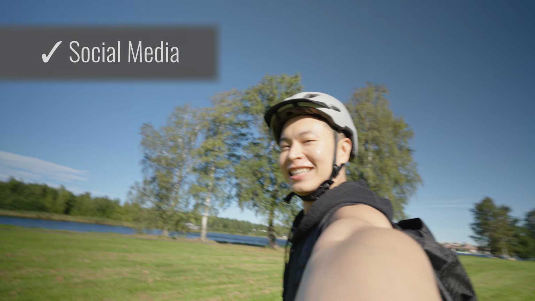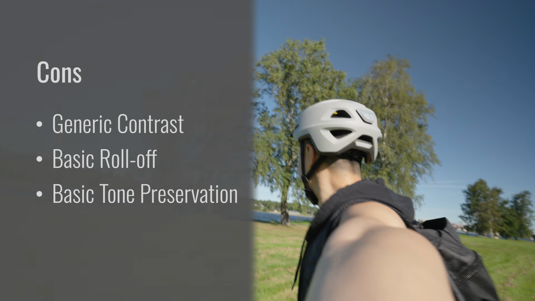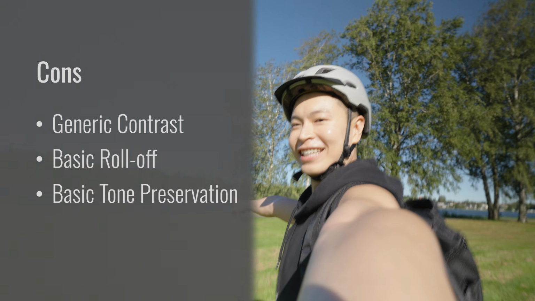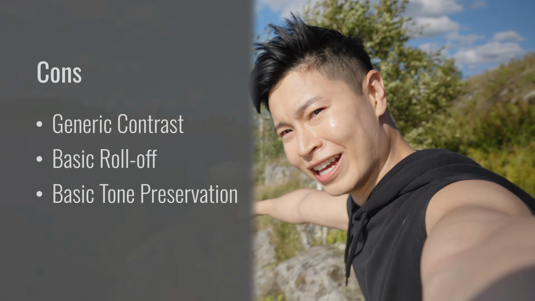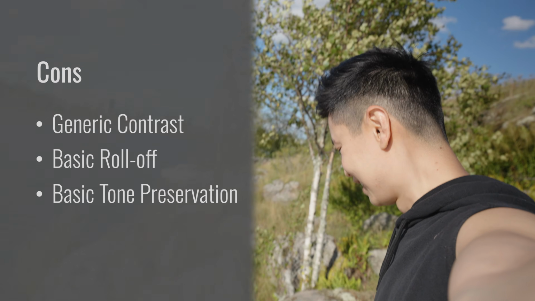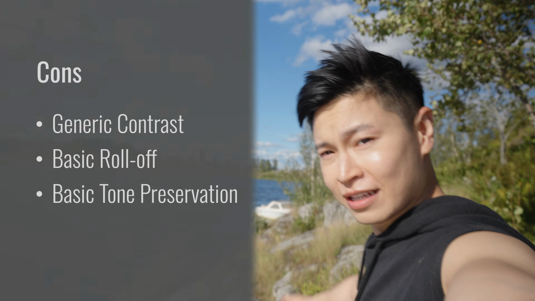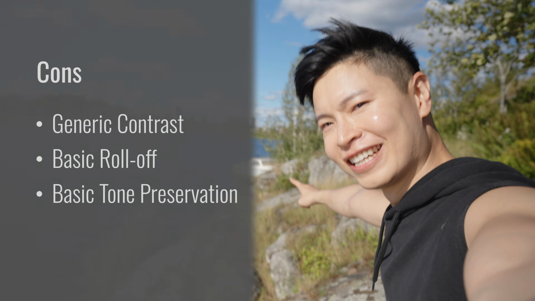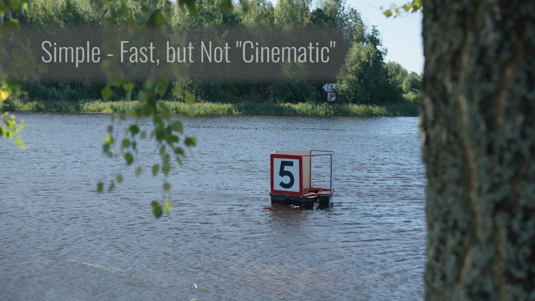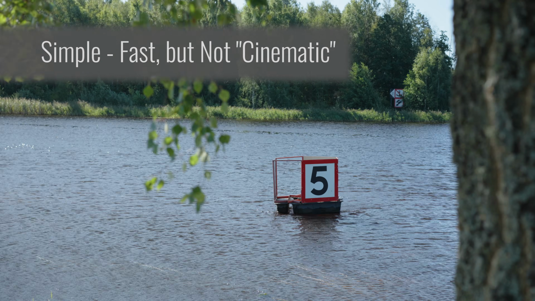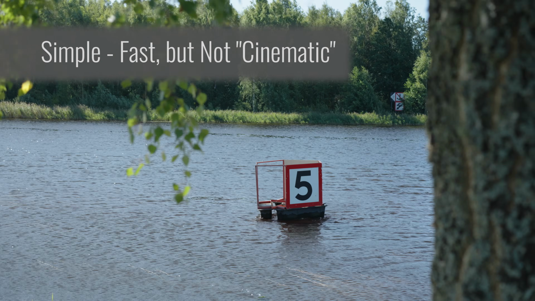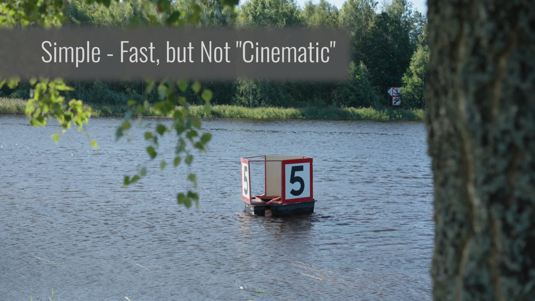The trade-offs are that simple tone mapping often lacks the cinematic polish you get from more advanced options. The rolloff can feel a little artificial, and the contrast curve might not preserve brightness or mid-tone balance in a natural way. In short, Simple is fast, clean, and plays nicely with controlled lighting or creative plugins. Just don't expect it to look cinematic out of the box.